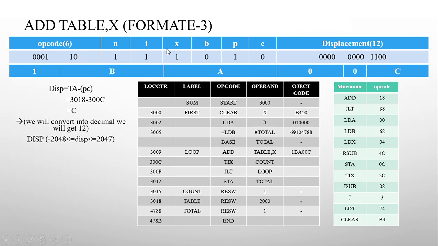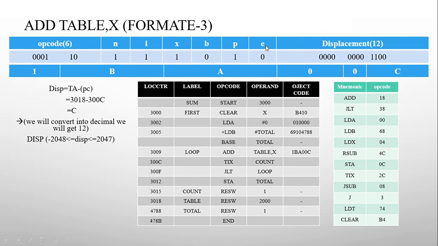Next, for addressing modes, we have TABLE,X. Since ,X is there, it is an indexed addressing mode, which is neither indirect nor immediate. Therefore, we are setting these addressing mode bits accordingly.